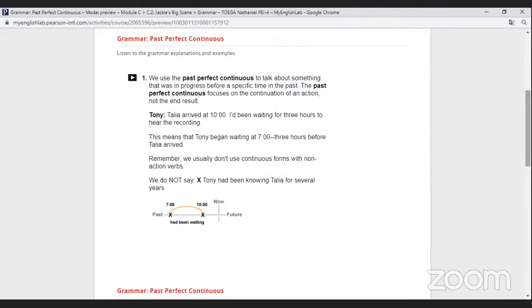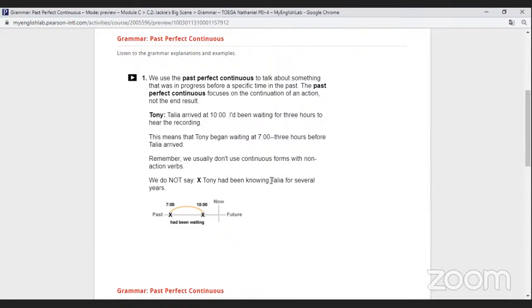Okay, that's great. As you can see, this grammar about past perfect continuous doesn't show the end of the action, right? So in this other case, you can write first a simple past, because that's the end of the action, and this is the continuous form, with past perfect continuous.